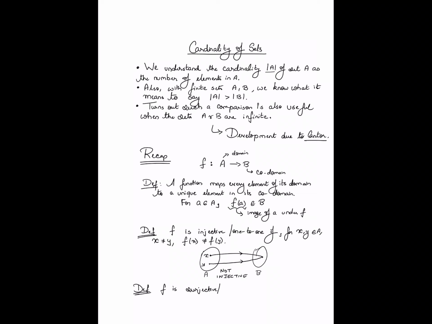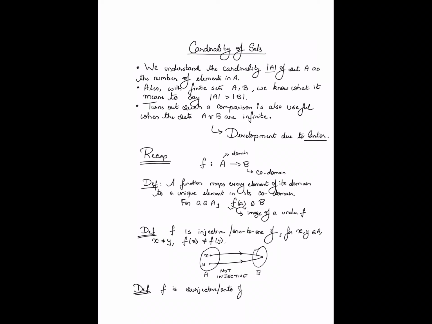or onto, if essentially every element of the codomain is the image of some element of the domain. Essentially, the entire codomain is covered by images of elements in the domain by this function f.